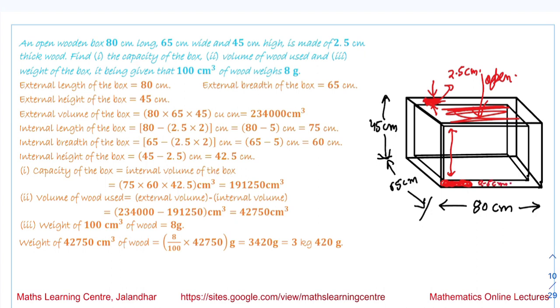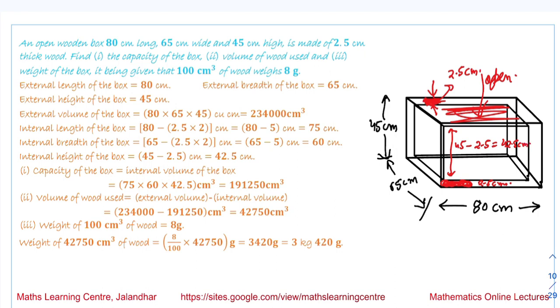So we have to find the internal height of this box. The internal height will be 45 minus 2.5, that is equal to 42.5 centimeter.